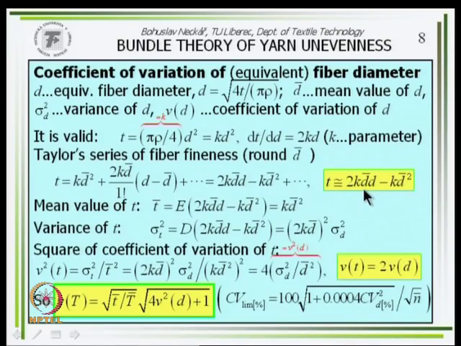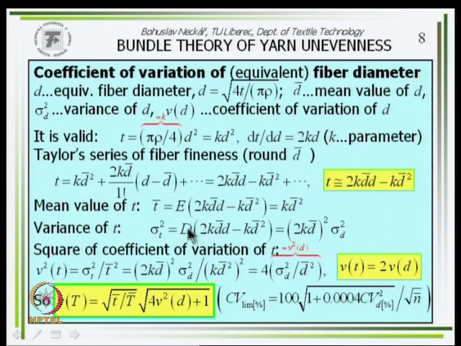Therefore, let's use T is 2k D bar D minus k D bar square. When you use it, then from this equation we can obtain the mean value of T. It's evident that this is k times D bar square, because you obtain 2 times it here minus 1 times it.